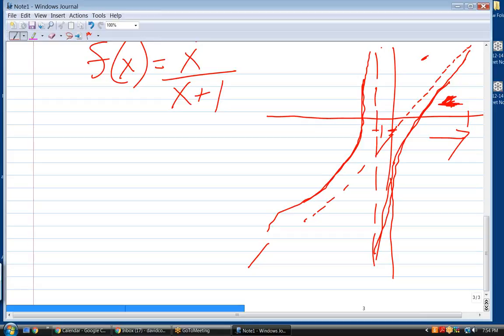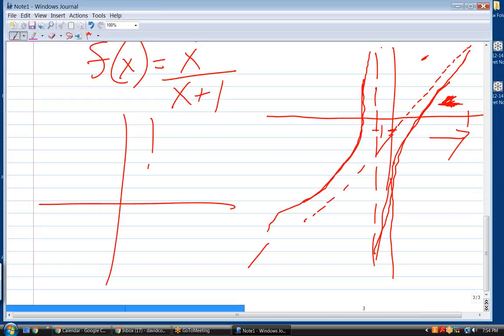Now, right, it can. Here's the thing about asymptotes. The curves can never touch vertical asymptotes, but they can cross both horizontal and slant asymptotes. In other words, you could have a function like this.